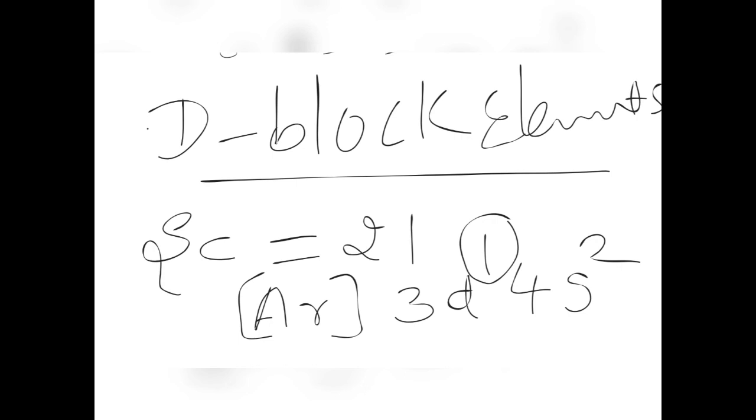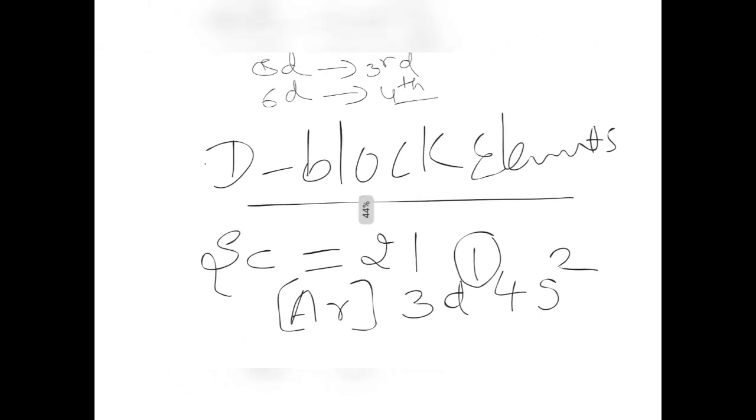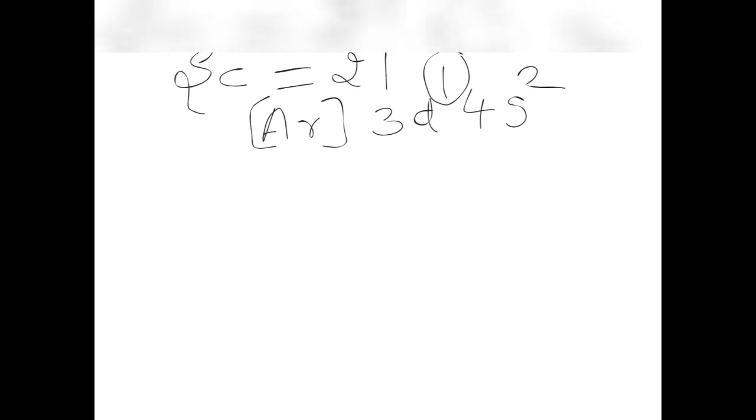Now if you take from scandium to zinc, which element is not a transition element, and why we do not consider it a transition element, I am going to explain now. The electronic configurations are on the screen.